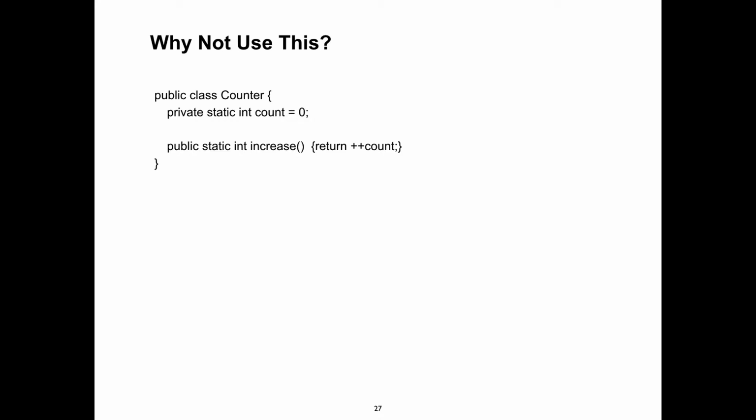You can create lots of objects, but there's only one count, and one increase, and they all have the same value. Yeah, you can get a similar effect, but this is effectively a global function, a global method, versus a global object. And if you ever decide you need more than one copy, you're dead here.